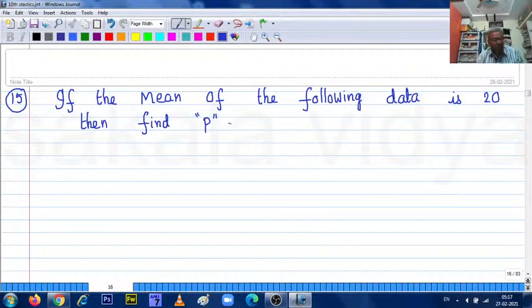This is the question. So here, given that a table is given.